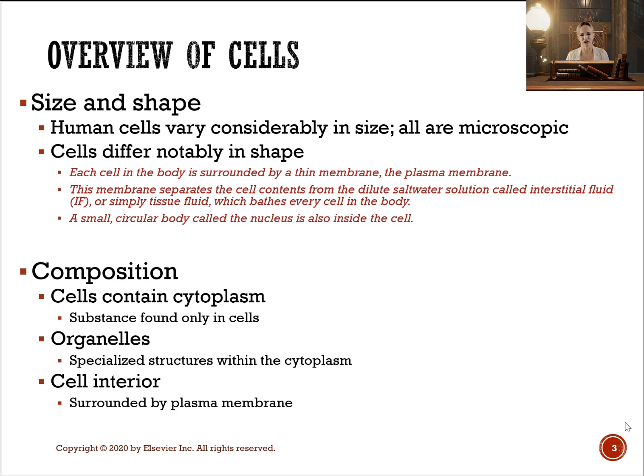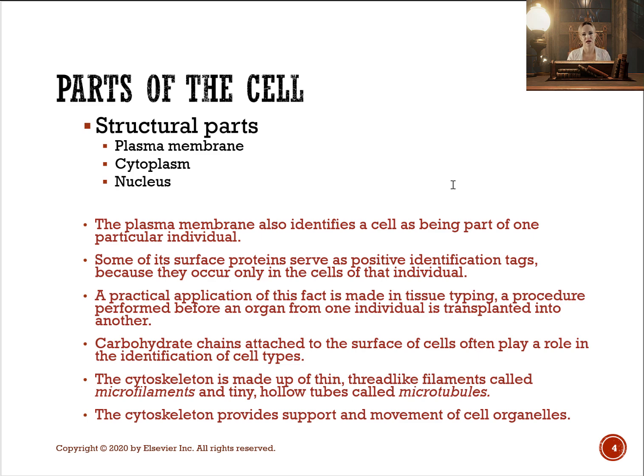So what's the composition? Well, cells contain cytoplasm, organelles, and cell interior. So let's look at some of the parts of the cell, such as the plasma membrane, cytoplasm, nucleus. All of these words are just being thrown around. So what are they?